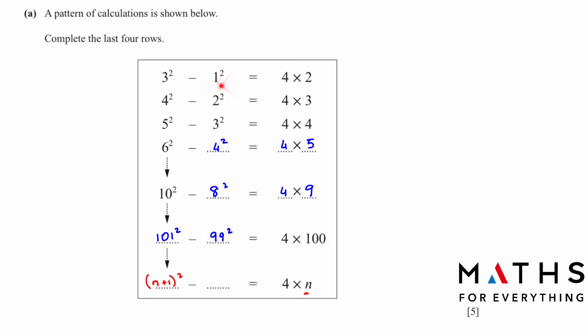So if this is 2, this is 1. 3, 2, 4, 3. So 100 minus 99. 100 minus 1 is 99. So this will be n minus 1 square. It looked tricky, but it was really a very easy question.